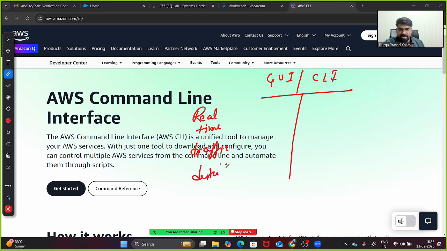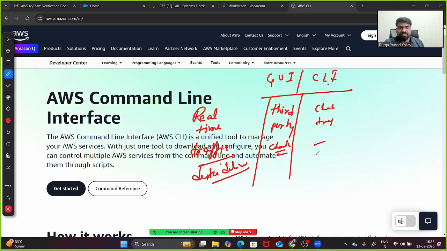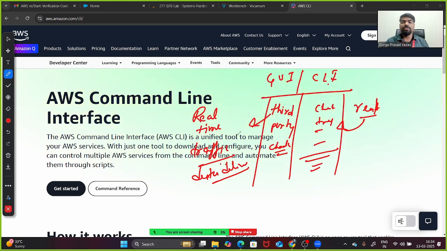In the GUI you have to use some third party tool to check it, but in the CLI you can directly check that traffic as well. You can check how the data is moving, everything, and the real time data transfer, in the CLI. In the GUI you need some other solution for it. Are you getting my point, guys?